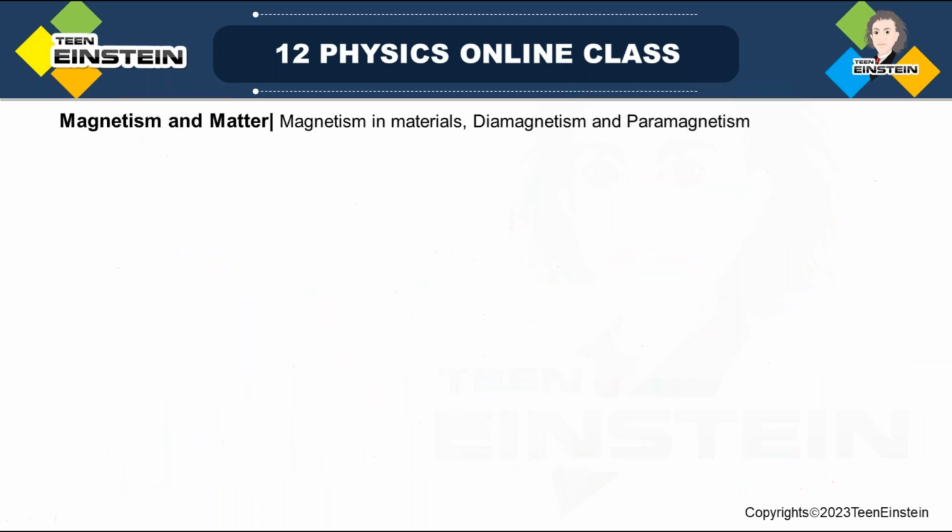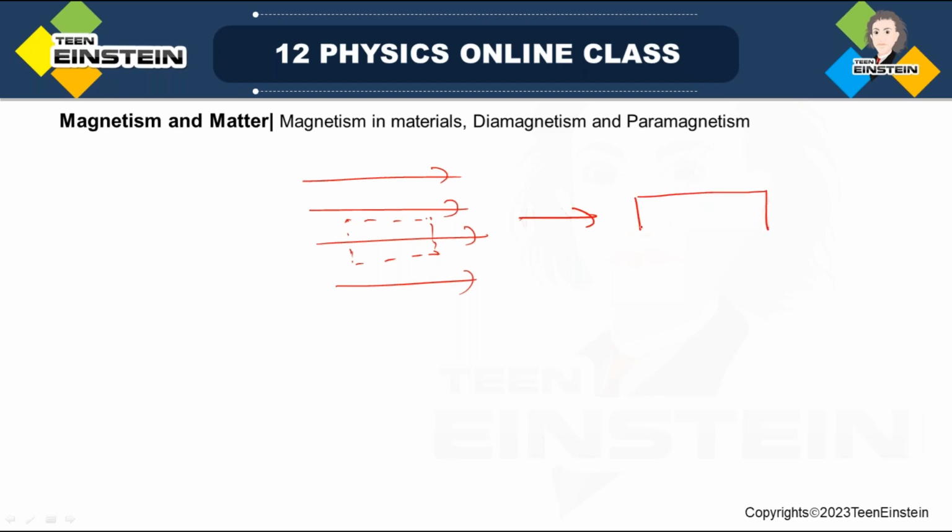That means, if there is a uniform field region like this, and if you bring a bar magnet and place it inside this uniform magnetic field region, it will not allow the magnetic field lines to pass through.